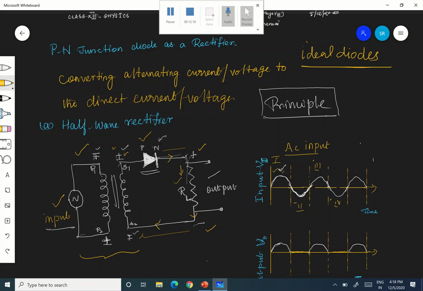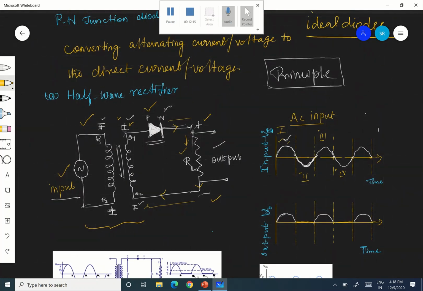Okay. Now if you plot here, this is the first half cycle input, and you will be getting exactly the same, no problem at all. The PN junction diode allows whatever current is there, and you will get the output.